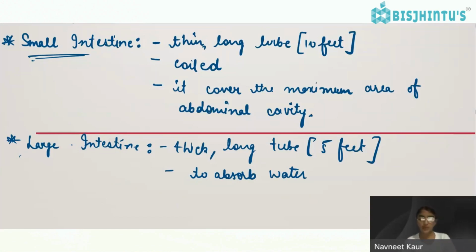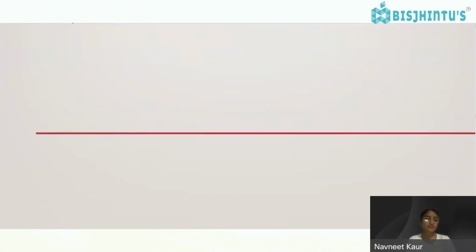Next we are going to learn about rectum. Here we go. So rectum is a part where waste products are passed into the end of large intestine. The waste produced is passed into the end of large intestine called the rectum. So the rectum we can say is at the end of large intestine.